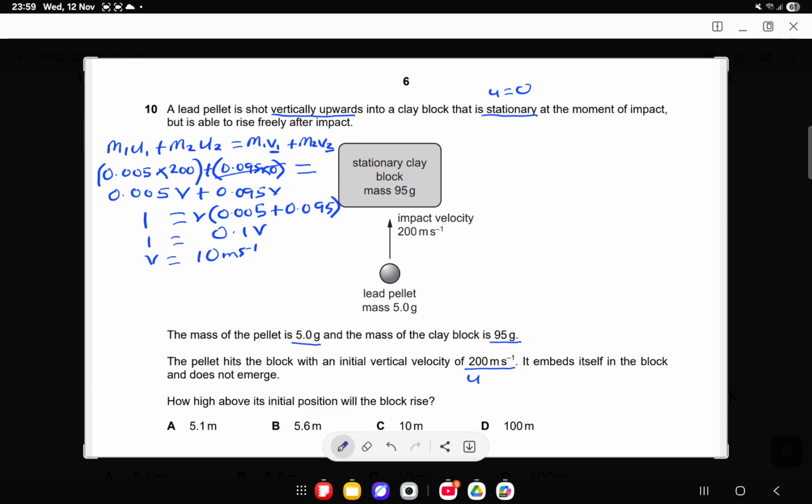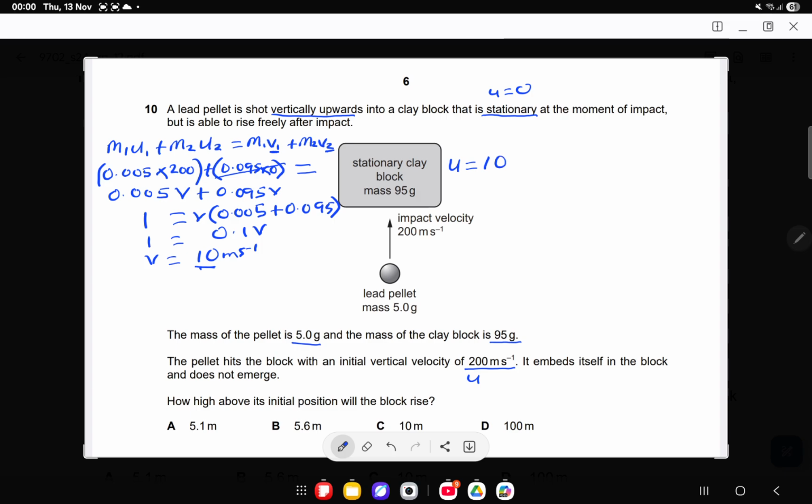But remember, after the impact, the body is able to move freely upwards. That's what the question says. So which means that at the time that it hit this particular clay and the clay is moving up, this 10 that you are seeing here will now be the initial velocity of the clay blocks, which means that from the time it hits, my u, which is the initial velocity as the clay is moving, will now be 10.